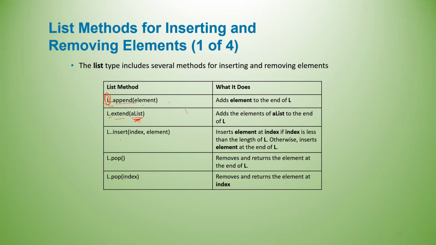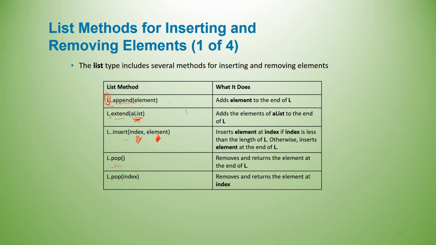And this is insert. That means you insert the element, the actual value, at a certain index. And pop will remove. Pop is actually a method from a stack, but somehow it's called pop here. Python is a newer language, so it's using a classic terminology.